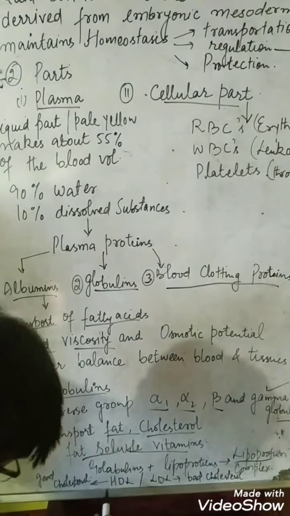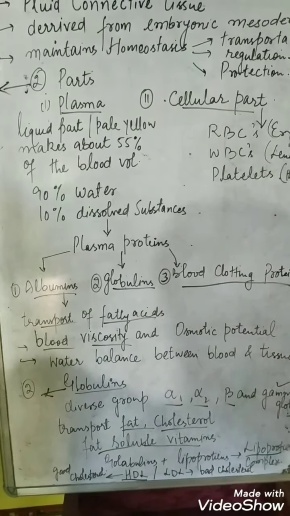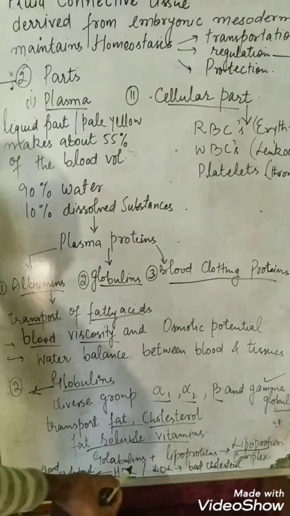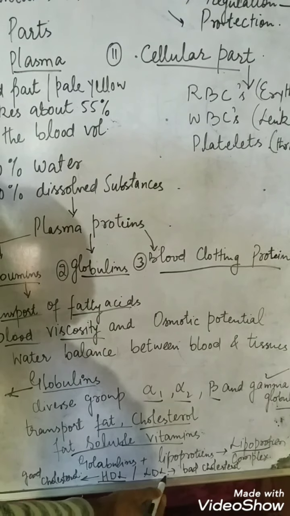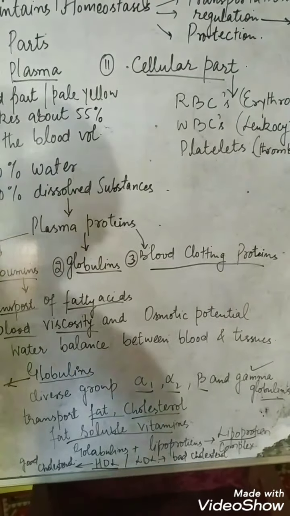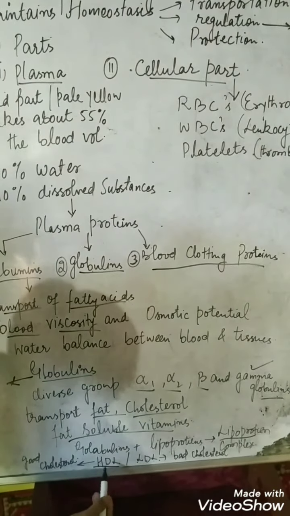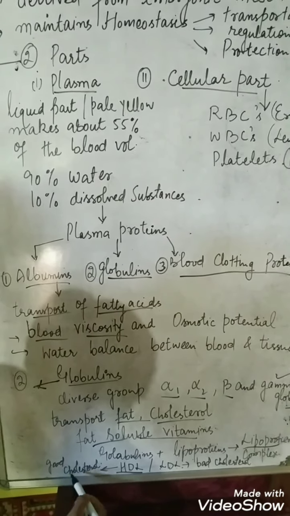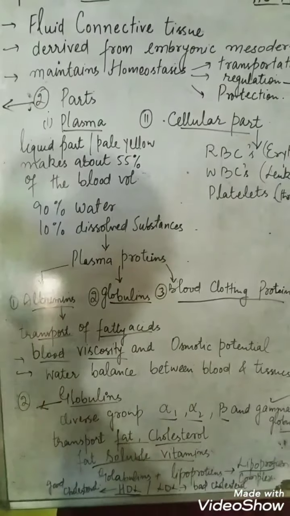One is high density lipoprotein complex, abbreviated as HDL, and another one is low density lipoprotein complex, that is LDL. LDL is a bad cholesterol, as it can form plaques in our blood, and HDL is called the good cholesterol, as it transports the fat to the liver for its disposal.